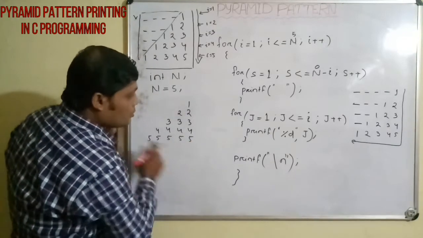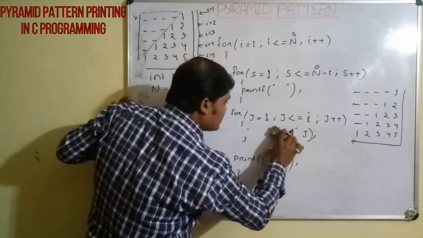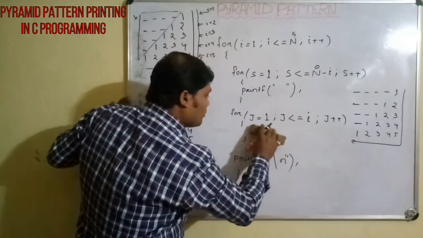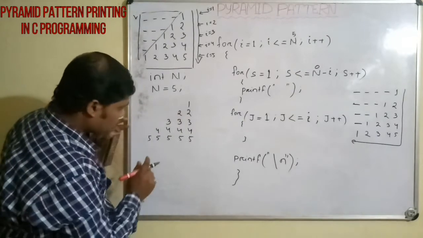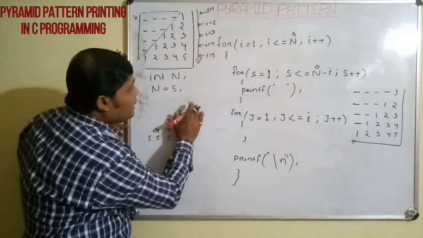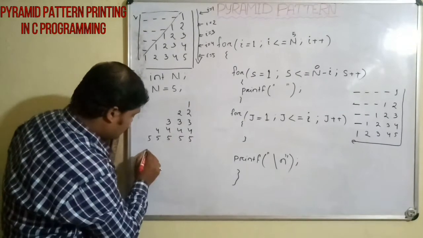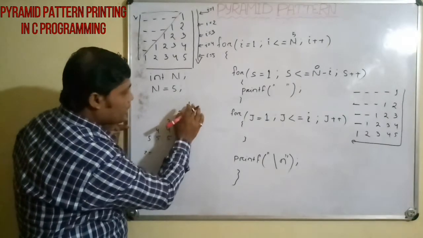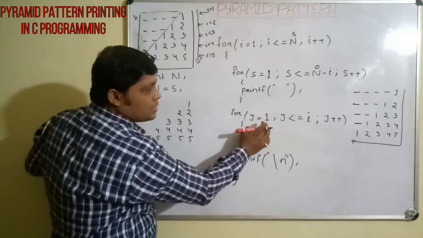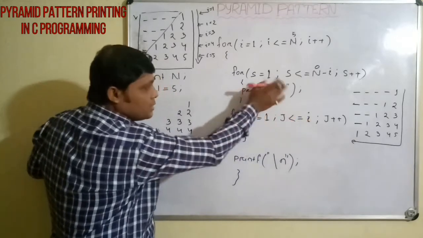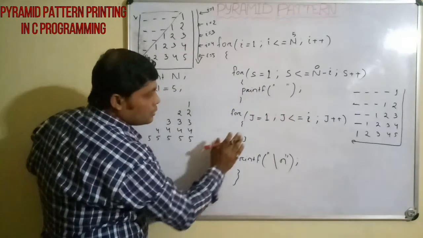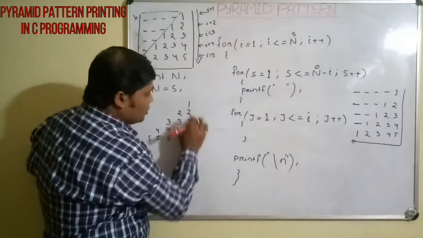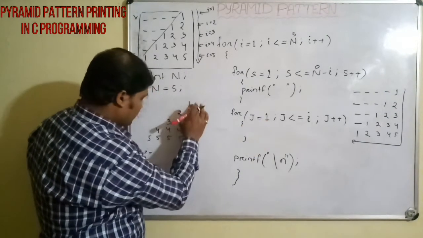Instead of printing the j value, what do we have to print? In the printing part, we have to make a change. When I value is 1, just see what it is printing. J will start from 1, ends with 1. No changes in space, space is same. We have discussed already. Now come to this printing part.